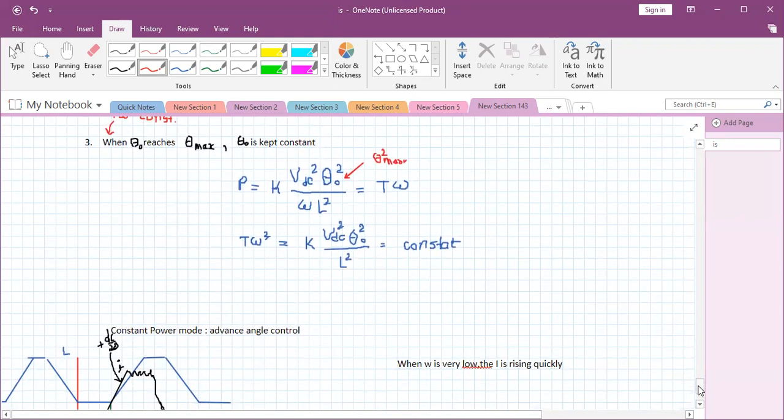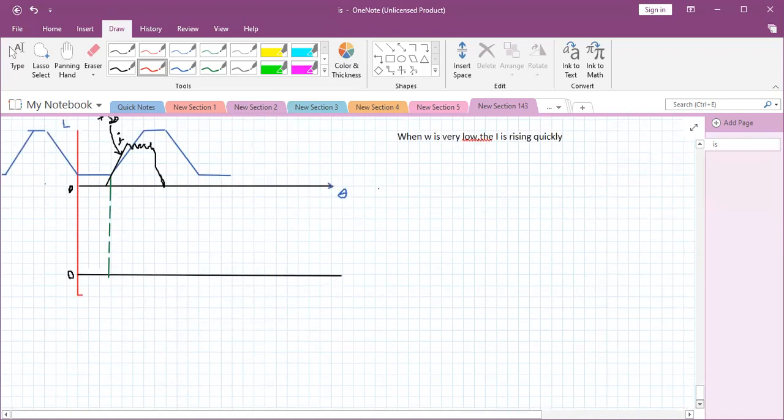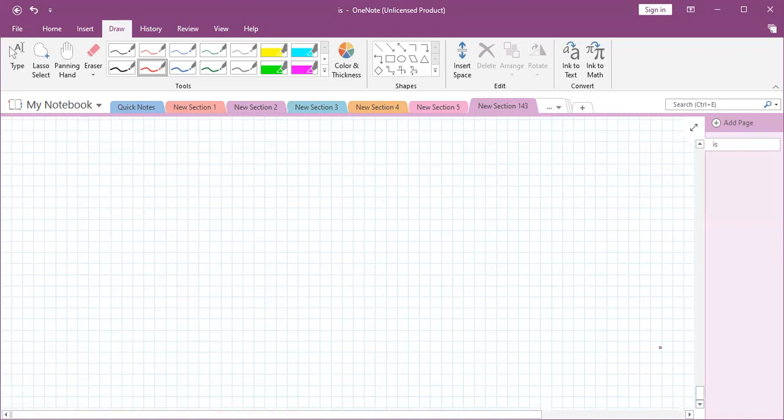Now I will draw these three modes. We will divide them into three different regions of operation.